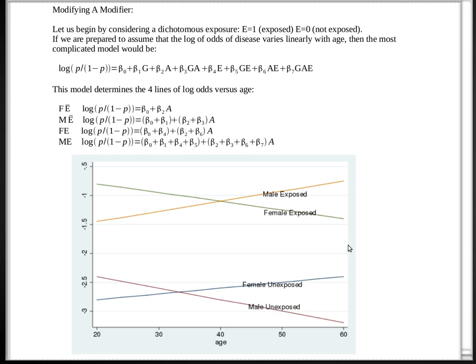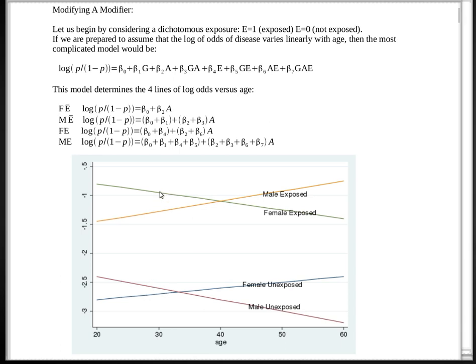Because now what I'd like to do is take a look at the women in this study. Let's now first consider the green line, which is the women that were subject to the exposure, and the blue line, the women who are not. The green line minus the blue line gives us the vertical distance. The vertical distance is the log of the odds ratio.